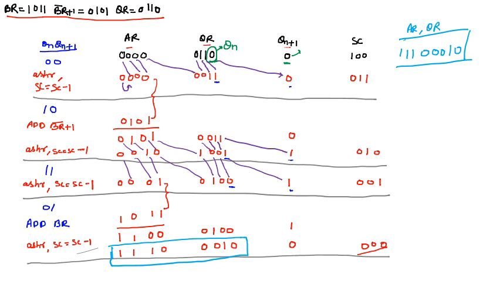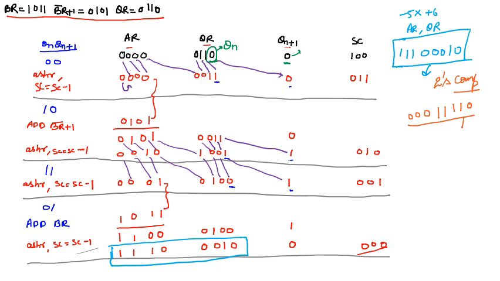This is the value of our final product of the numbers -5 and +6. Since the numbers have opposite signs, the final product will come in the 2's complemented form, and to get the actual result, again we need to perform its 2's complement. So after 2's complement we'll get the number 0 1 1 1 1 0 0 0.